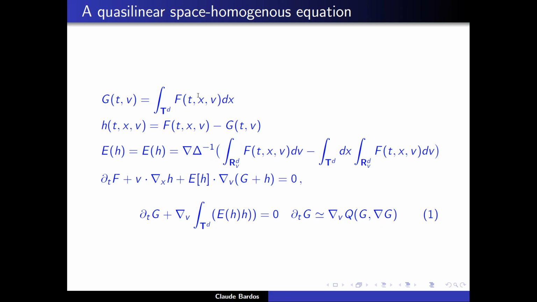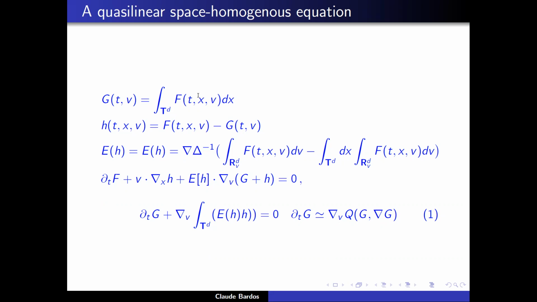One is the variation of the total profile, dt of g, the same g which is here, and the other one will be the equation dt of h, instead of f, dt of h plus v grad x h plus E of h, because h depends just on the difference, plus the gradient of v, g plus h.